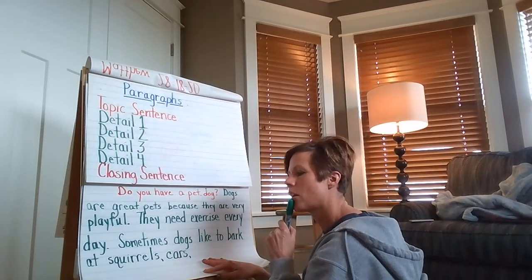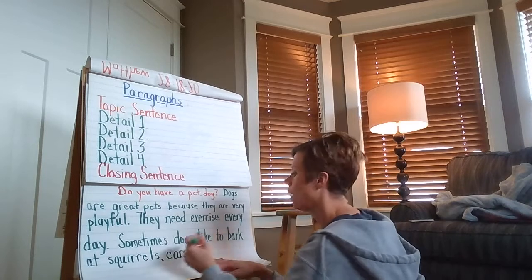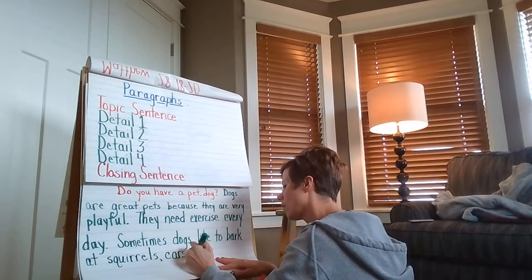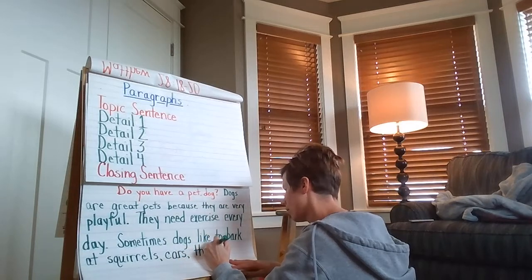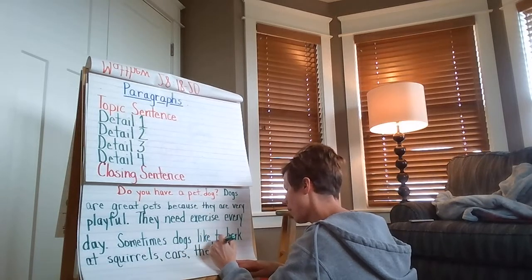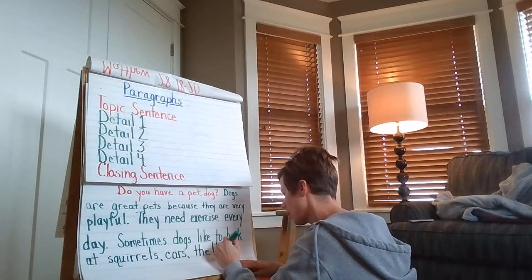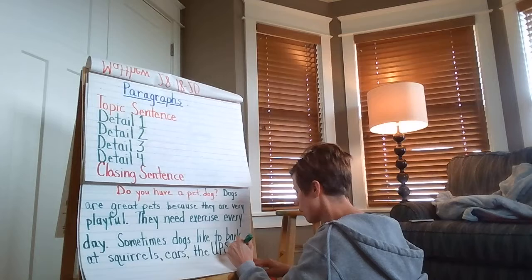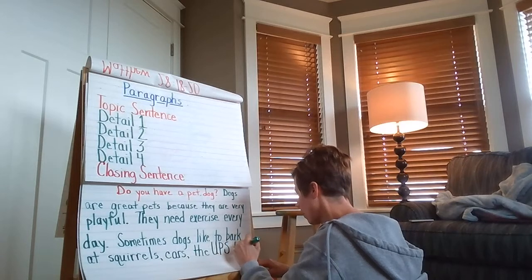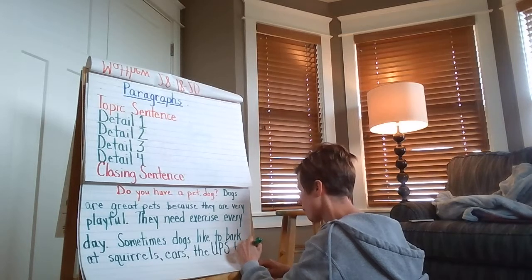What else does Shadow bark at? Oh, the UPS truck. Now that's a proper noun, and I know it's always capitalized. The UPS truck. Yep, it will fit. I just have to take my time.